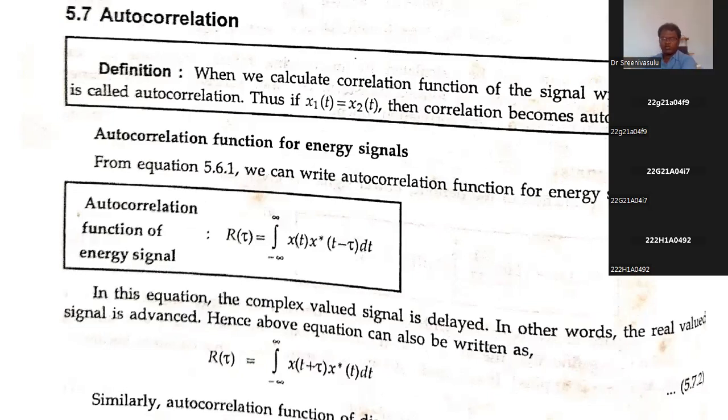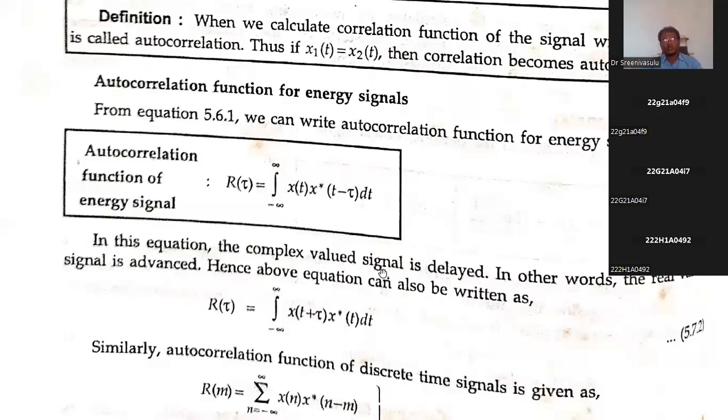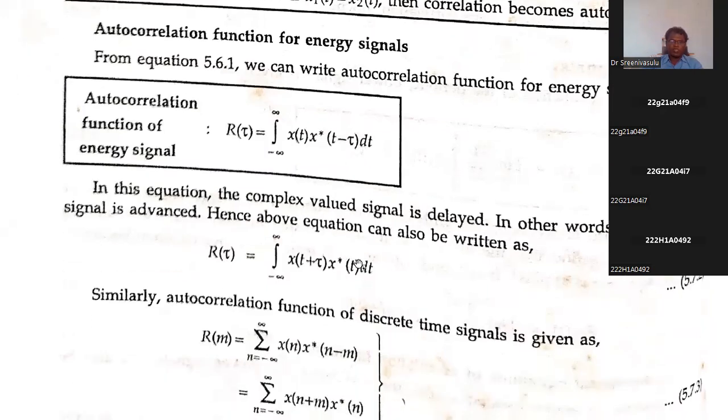That is the difference between autocorrelation and cross correlation. If you want, we can write another formula with plus tau. In autocorrelation we get only two cases, because the signal is the same, whether it is delayed or advanced. So another formula, we can write, is the advanced formula.